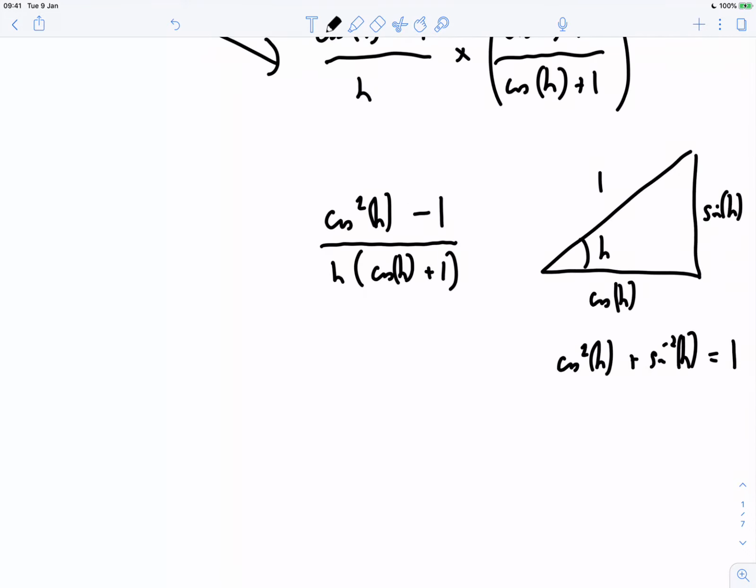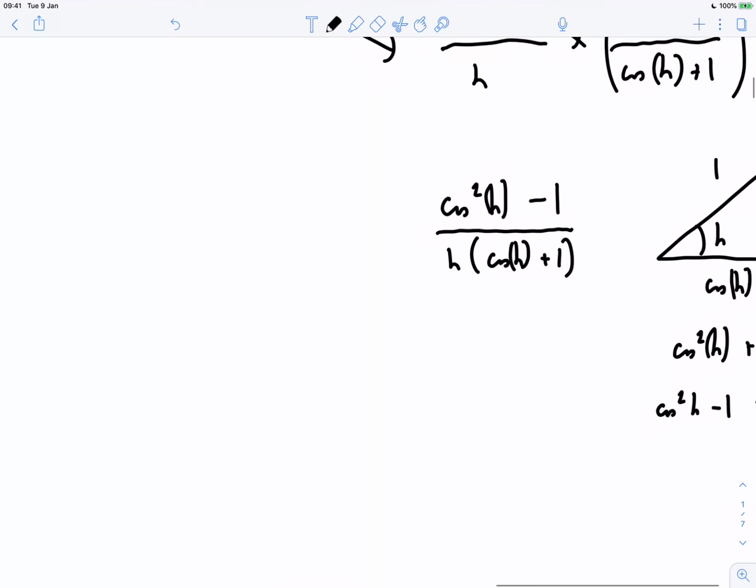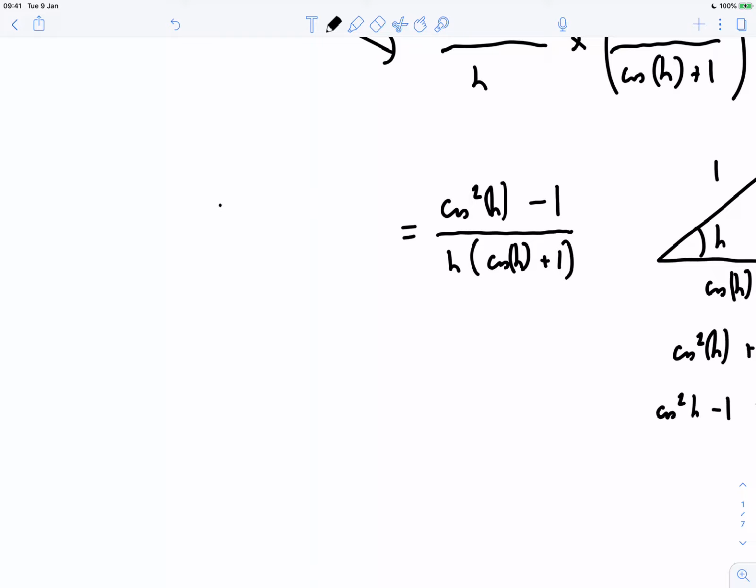So if I subtract 1 from both sides to get cosine squared of h minus 1, and I subtract sine squared from both sides, this becomes minus sine squared h. So in actual fact, I can replace this cos squared h minus 1 with just negative sine squared h. So that's exactly what I'm going to do. So this thing actually becomes negative sine squared h over h times cosine h plus 1.